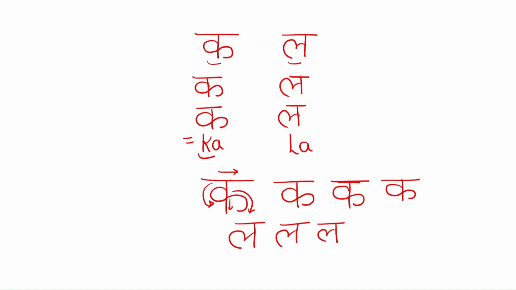Alright, now let's go to the next slide. If I add a vertical bar after K, it will become ka. After le, it will become la.